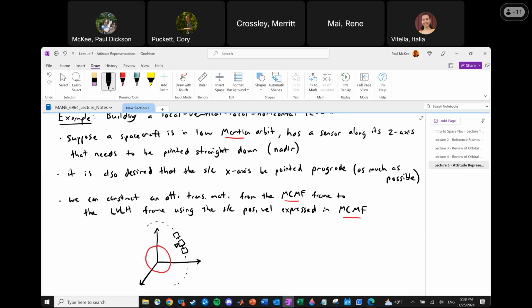So we're going to call this M X direction, M Y direction, M Z direction. And we know the position and we know the velocity.